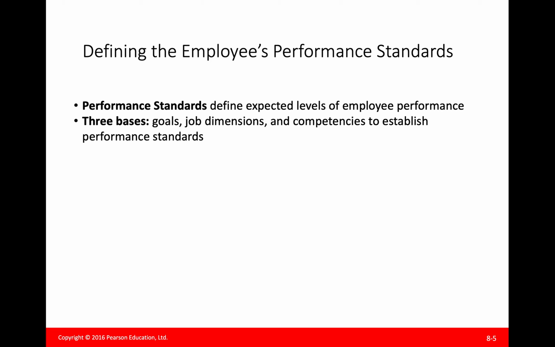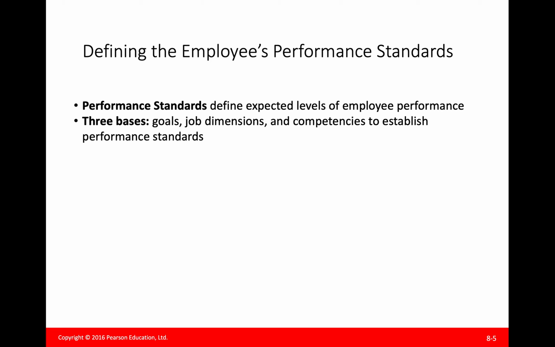Normally we think that we can find the expected employee performance in the job description, but most of the time the job description just tells us what the requirements are or what the job is.